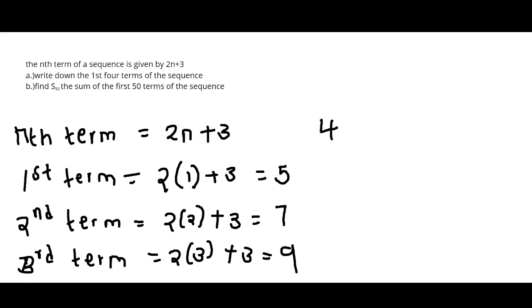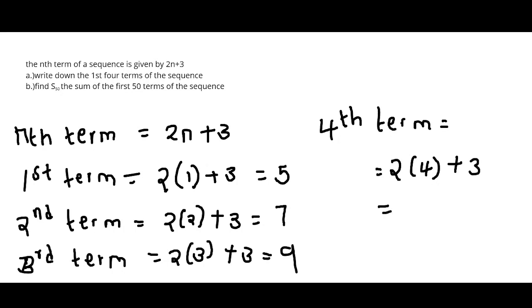And our fourth term will equal 2 into brackets 4 plus 3, whereby 8 plus 3 is 11. So those are the first 4 terms of the sequence.